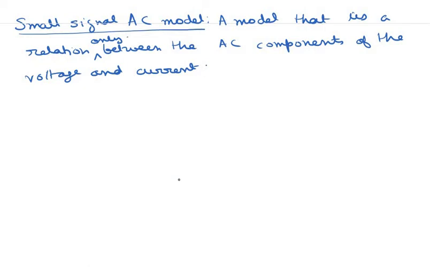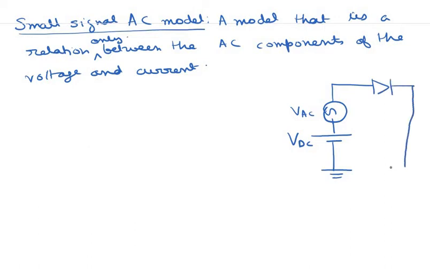So for example, if we have this situation where we have VDC and a VS, which is in series with this VAC over here, and then a diode, which is grounded here, the total voltage is VDC plus VAC. Since there is a DC voltage component and an AC voltage component, the current must also contain a DC current component and an AC current component.